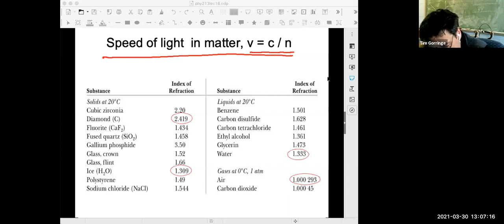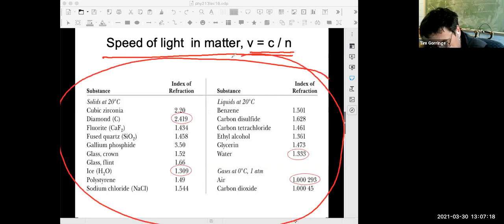And here's a table. I stole it from the book without asking them. Here's a table of refractive indices of different optically important materials. I'll just point out a couple of them. Look at air down here. Air's refractive index is very, very close to 1, but not exactly 1.